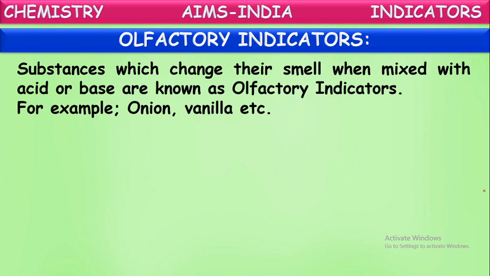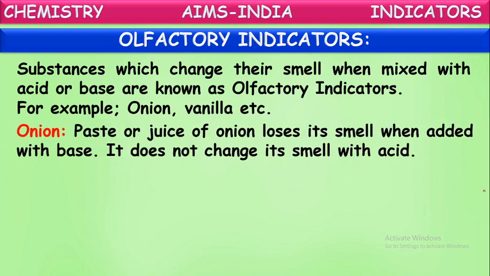They show a different odor or smell with acids and bases. So in that way they can be used for detecting those. For example, onions and vanilla extract or vanilla essence. These are examples of olfactory indicators.